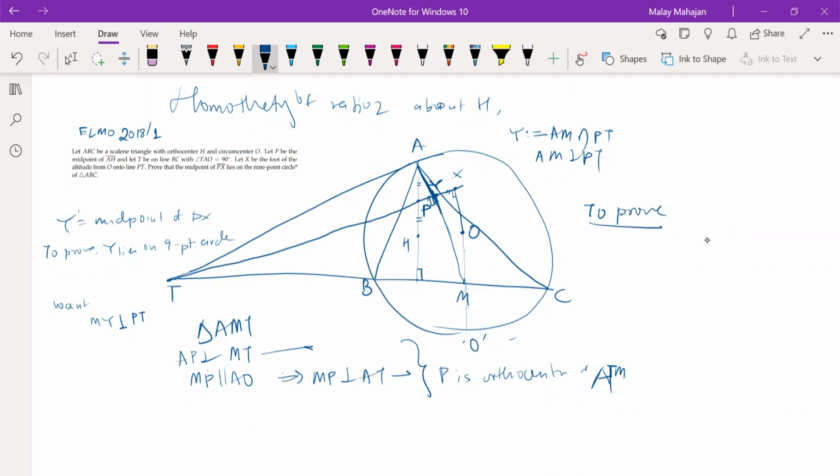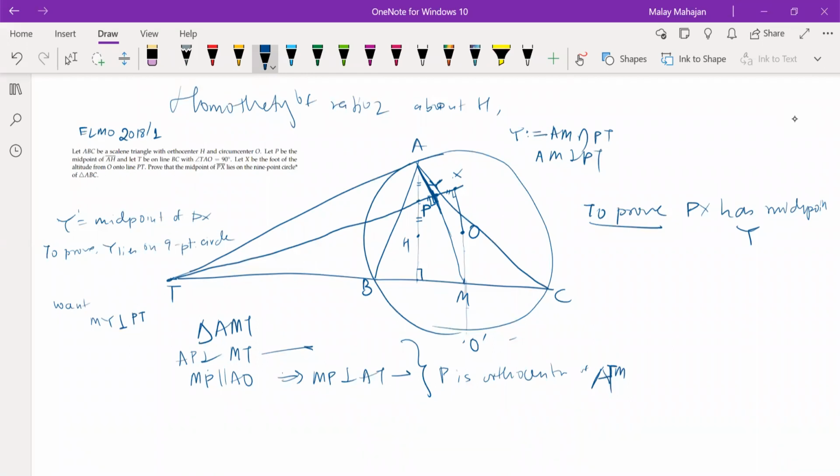So now we want to prove PX has midpoint Y. If you see triangle AMT, P is the orthocenter and Y is the foot of the T altitude.